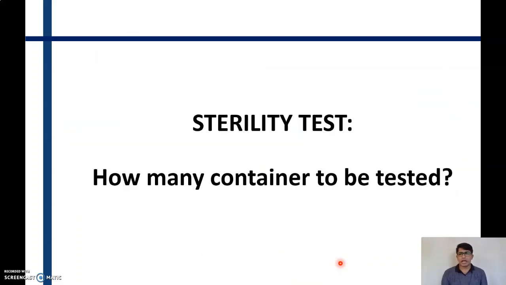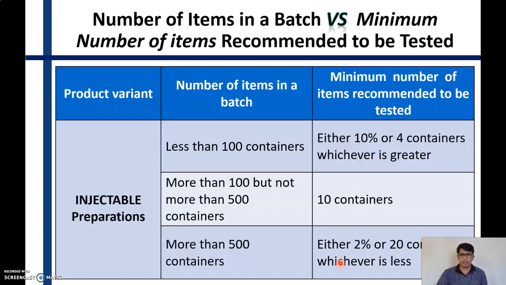Now as we mentioned, we have to take a specified number of bottles from each batch. So how many containers are to be tested from each batch? This is the number of samples to be taken, specified in the Indian Pharmacopoeia for injectable preparations.